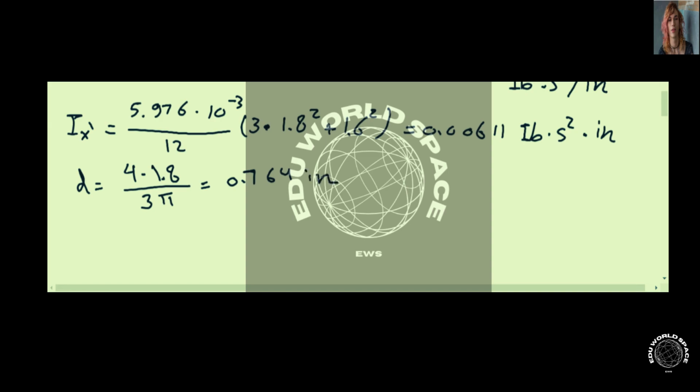So the mass moment of inertia of half cylinder about centroidal x-axis is Ix2 bar equals Ix dash minus 0.764 squared m2.